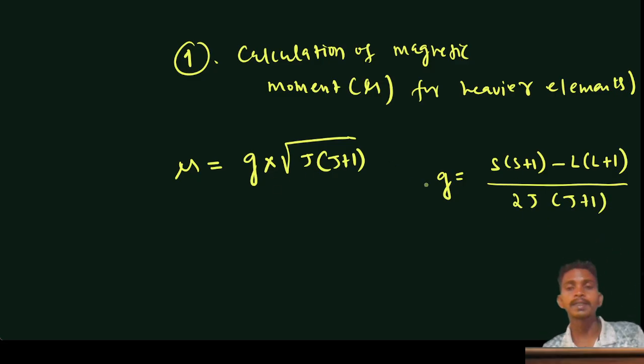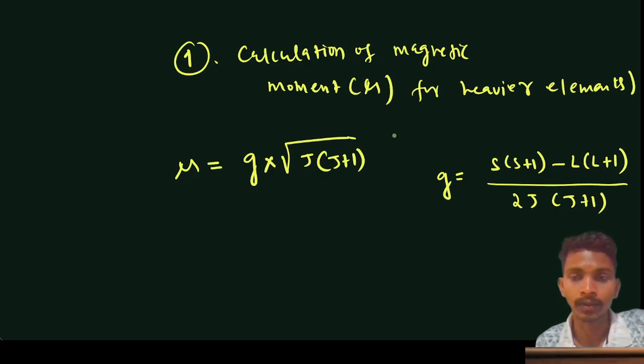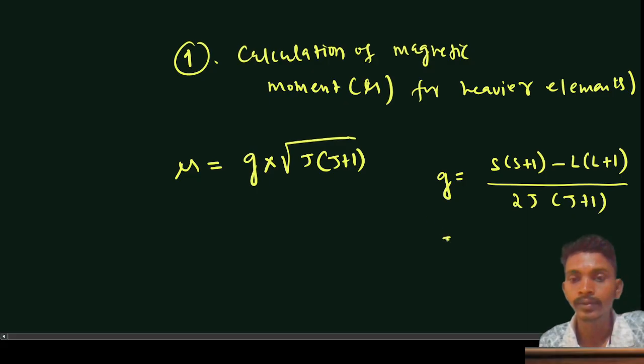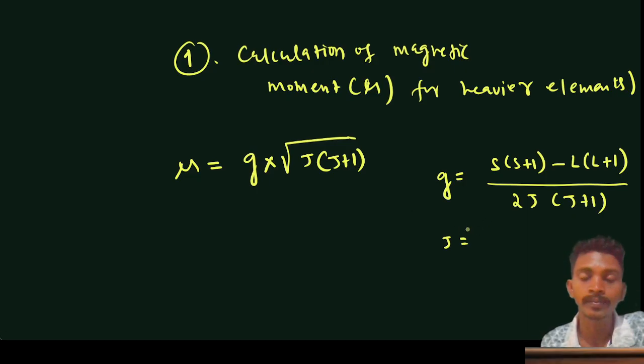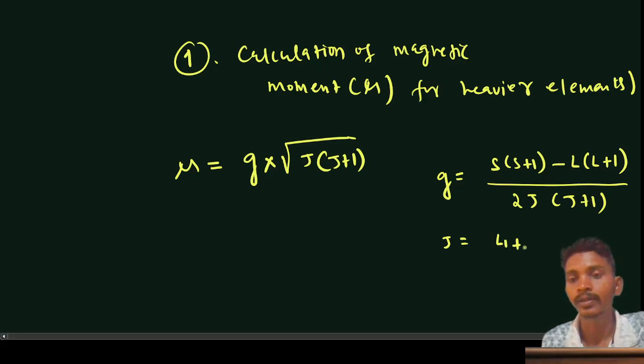For calculating this J, we have to use this formula. We know that this is the spin orbit coupling, so we see that this is the summation of L1 plus S1 dot L1 minus S1.